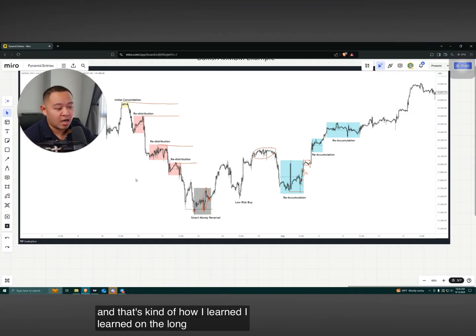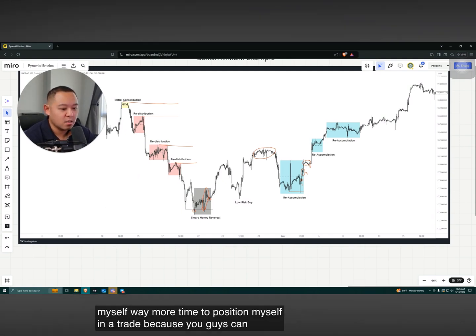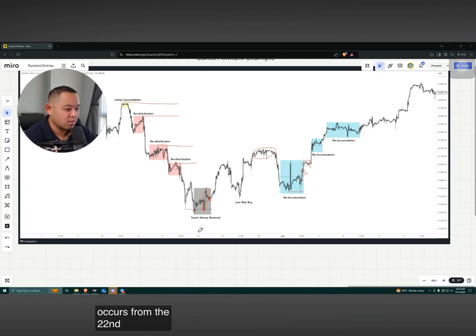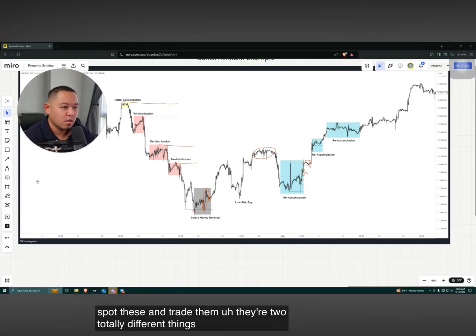I learned on the higher time frames, giving myself wider stops, giving myself way more time to position myself in a trade, because you guys can notice that this market maker model occurs from the 22nd of April, and it doesn't end until almost a month later, right? So being able to spot these and trade them, they're two totally different things, right?